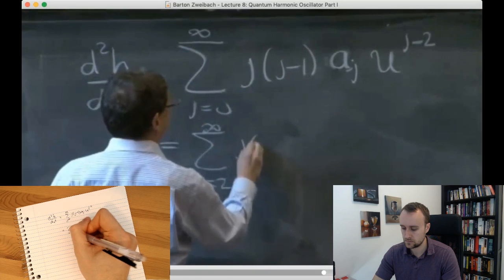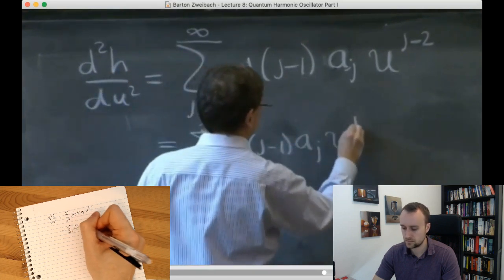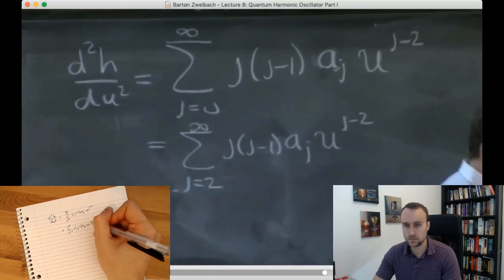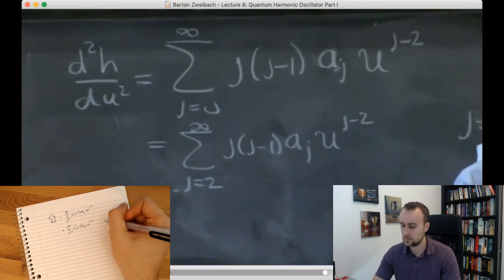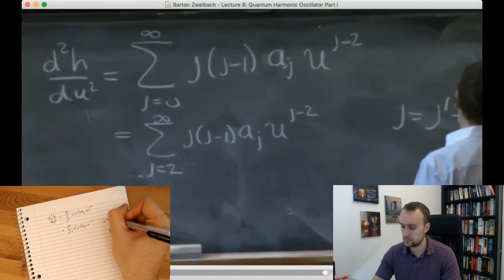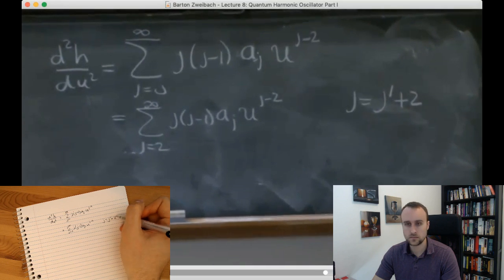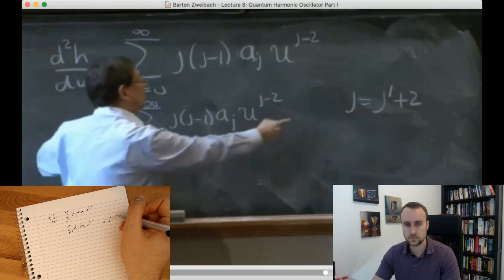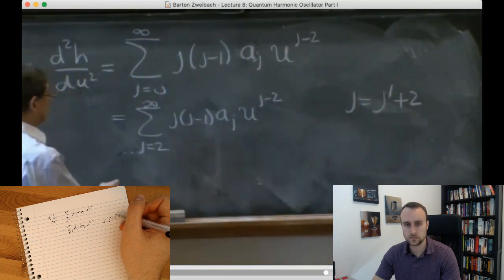So I can write j times j minus 1, a_j, u to the j minus 2, like that. And then I can say, let j be equal to j prime plus 2. And look, j begins with 2 in this sum. So if j is j prime plus 2, j prime will begin with 0.